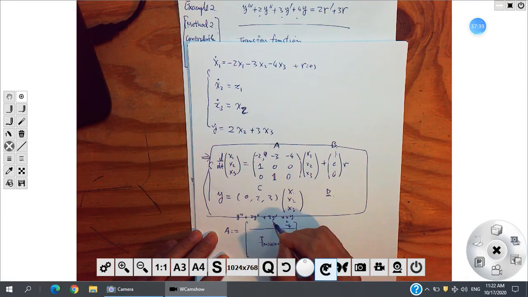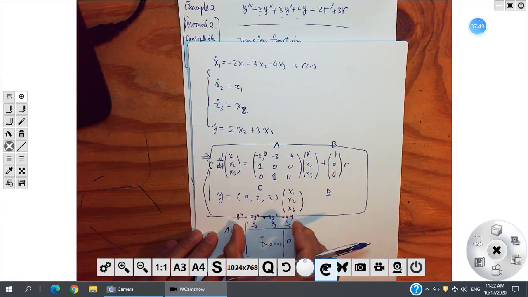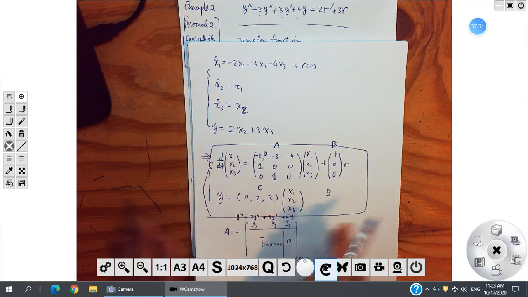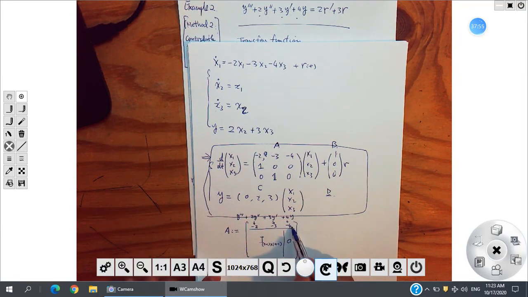This one is -3, and this is -2. Depending on the order, if the equation is longer, then the size will also be longer, and here you have more coefficients. You need a negative here. So 4 here is -4, 3 is -3, 2 is -2.